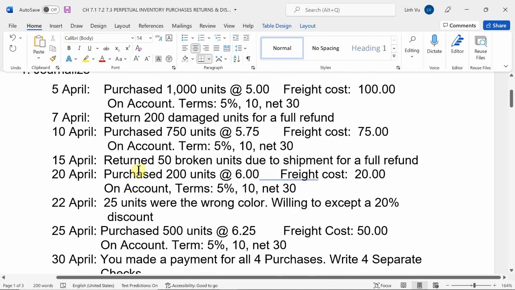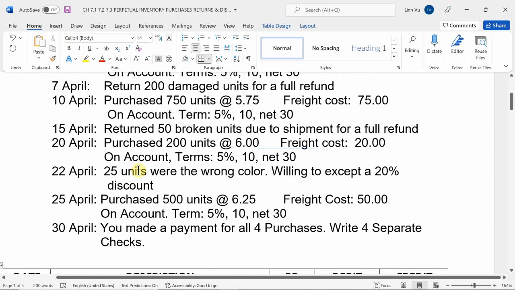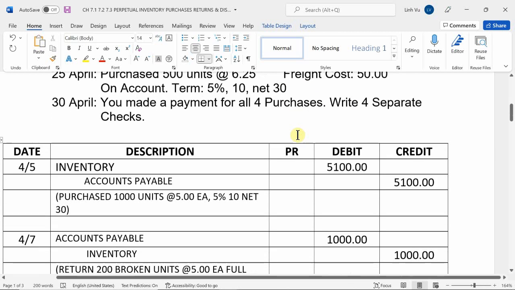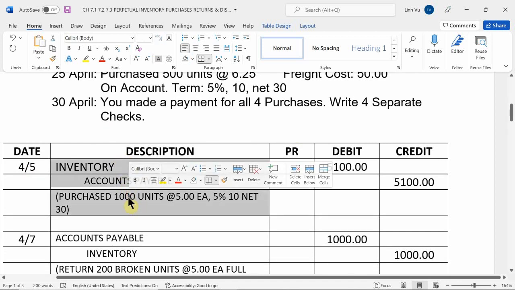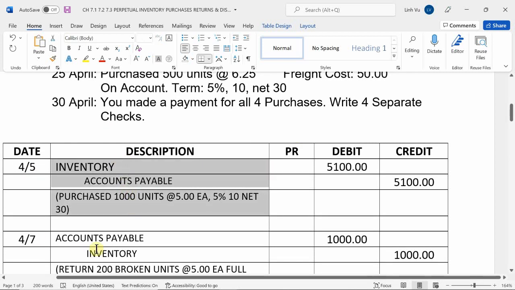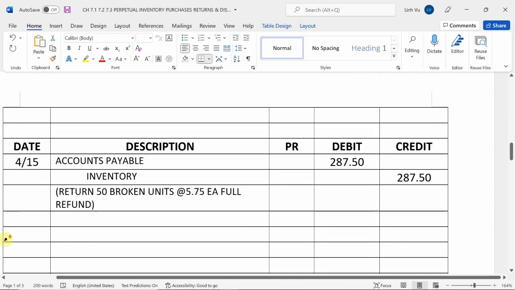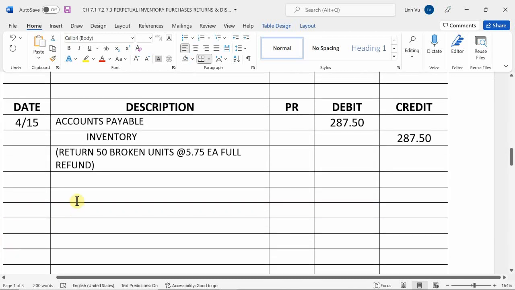So let's see what's next. April 20th, I end up purchasing 200 units for $6 each with a freight cost of $20 on account. Terms are 5%, 10, net 30. So what is going to be my journal?